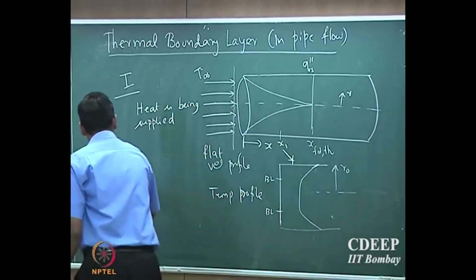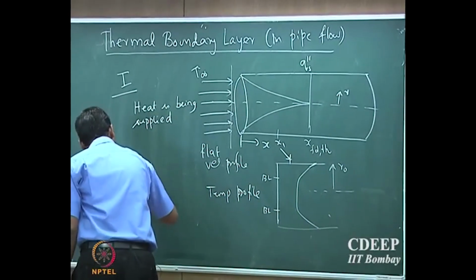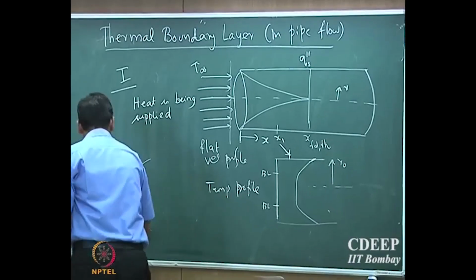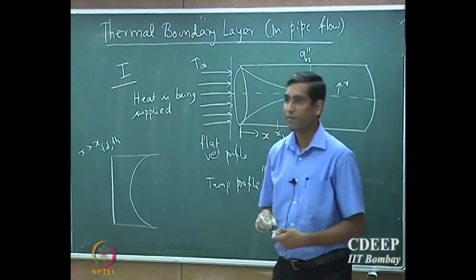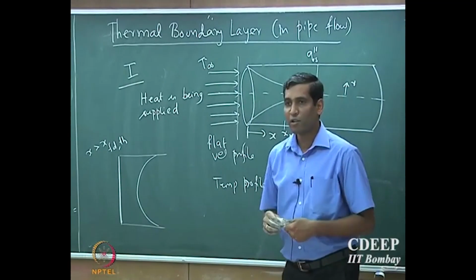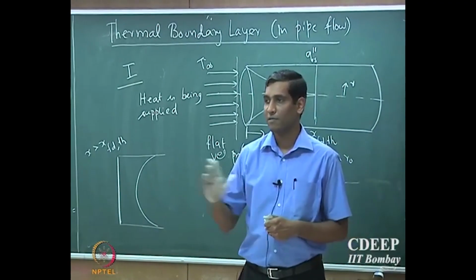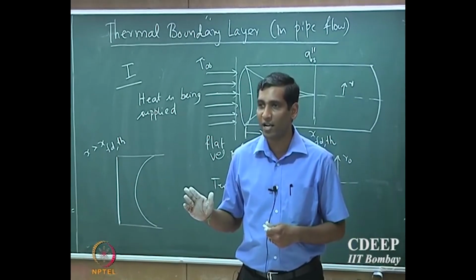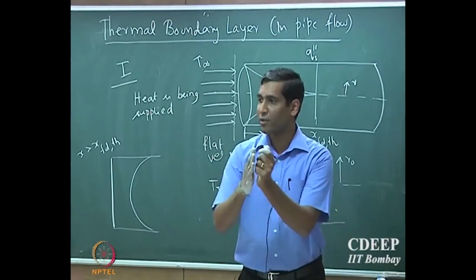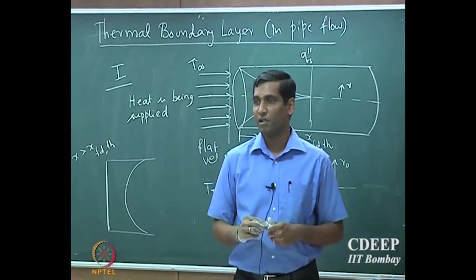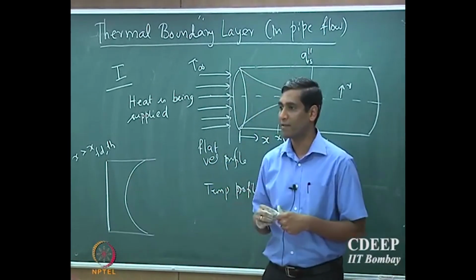So which means that there will be a temperature profile which looks like this, okay. Is this a function of axial position? Remember in velocity boundary layer, we said the moment it touches the fully developed regime, the velocity profile doesn't change. What about in the case of thermal boundary layer?